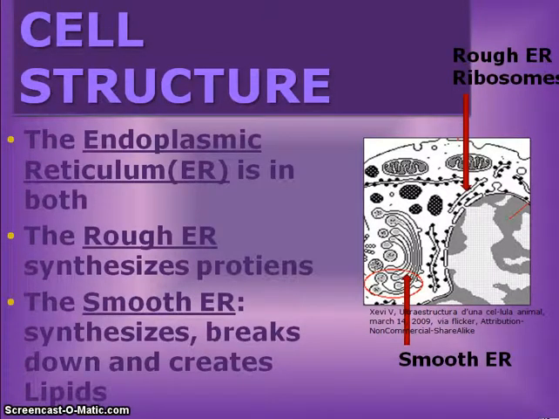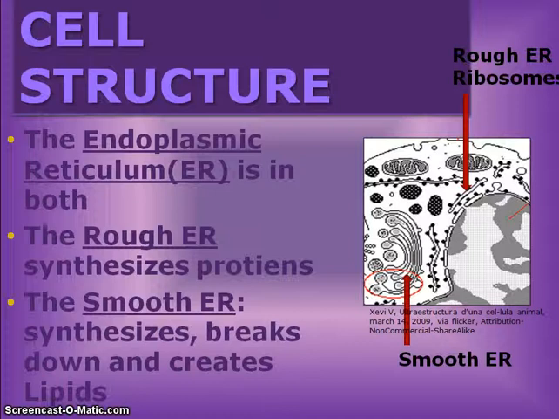Another organelle that is in both plants and animals is the endoplasmic reticulum. The endoplasmic reticulum can be broken up into the smooth and the rough endoplasmic reticulum. The rough endoplasmic reticulum is considered rough simply because the ribosomes in the cell are attached to it, as you see here.